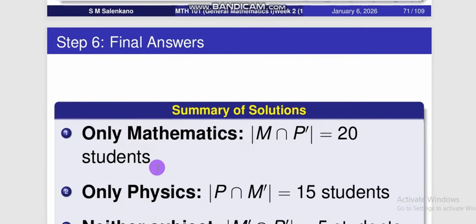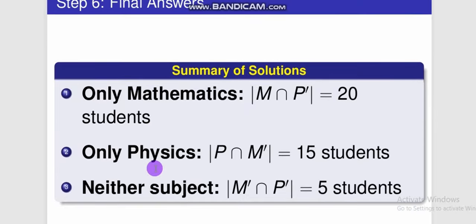Final answers. You remember we were asked to get, this is like a summary of our answer. We already got our answers, right? We want to combine them together to give a quick concise summary. For only mathematics, this is M without P, we got 20. For only physics, that is P without M, we got 15. For neither subject, neither math nor P, we got 5.